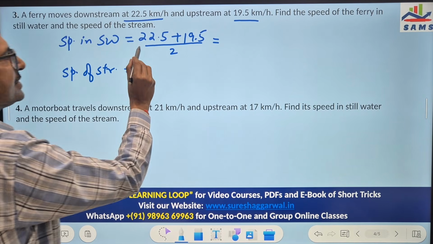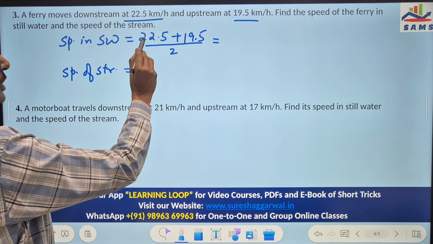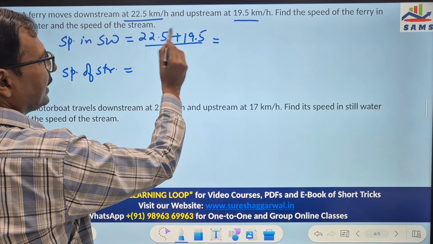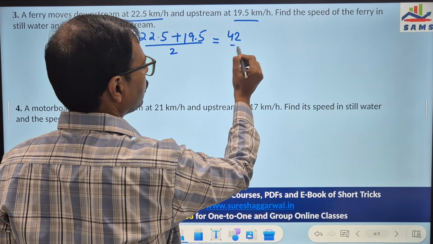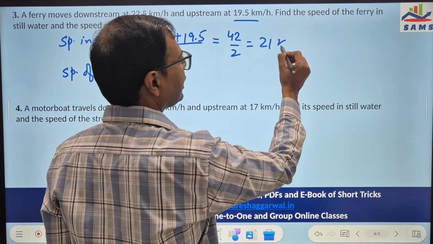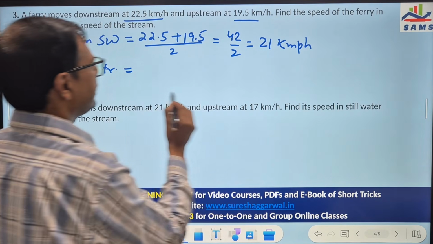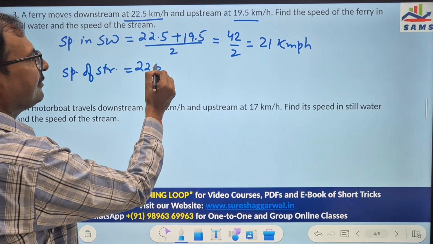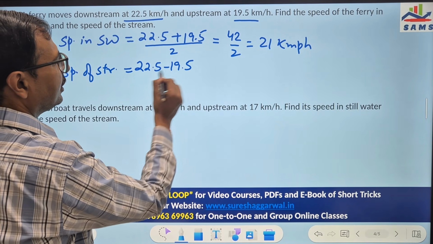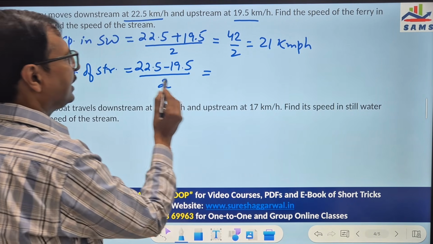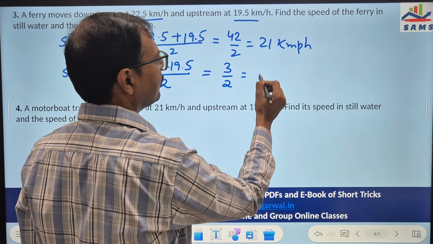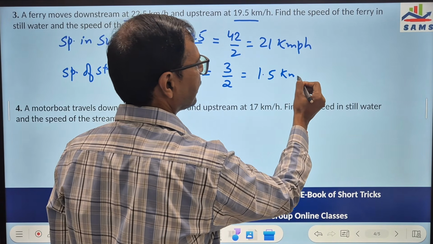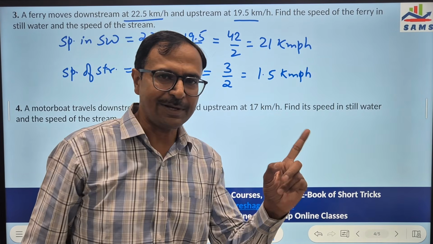What is this? 22 plus 1 is 23, 23 plus 19 is 42. So 42 by 2, it is 21 km per hour, and when you subtract 22.5 and 19.5 and divide that by 2, you will get 3, right? So 3 by 2, you will get 1.5 km per hour is the speed of stream.